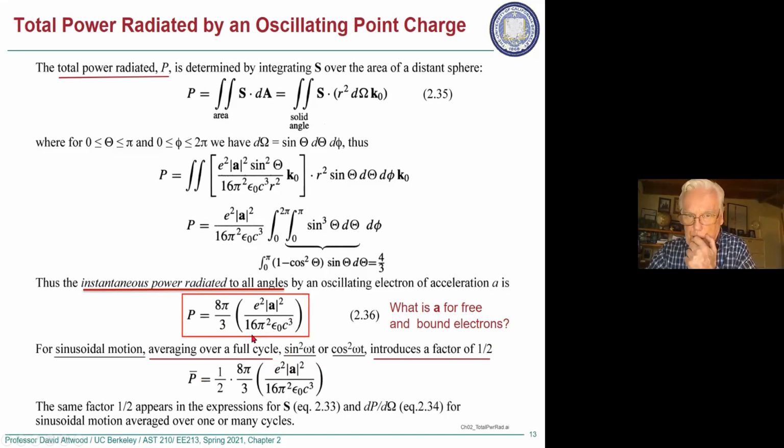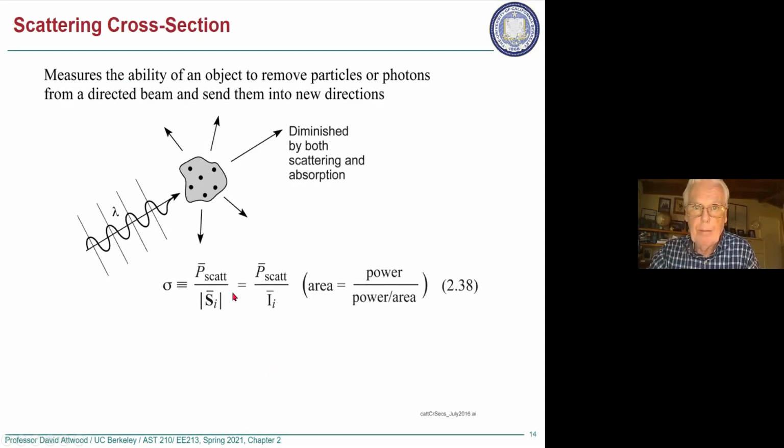So this formula gets an extra half out in front. So this is now the total power scattered by a point charge with an acceleration a. So let's see now how we can use that. Here's our scattering diagram, and we've just figured out what is the total power scattered for an accelerated charge, and I've shown it as being power divided by the intensity, which is power per unit area, so it has units of area.